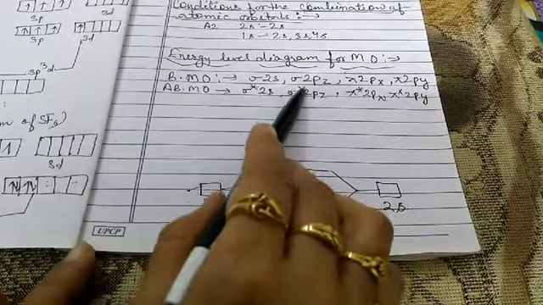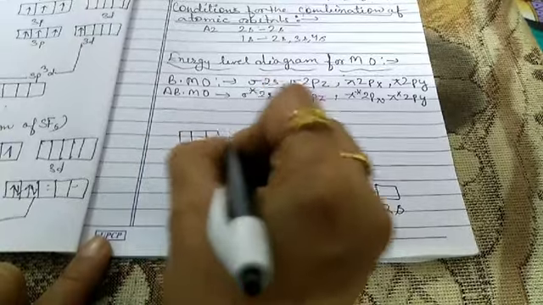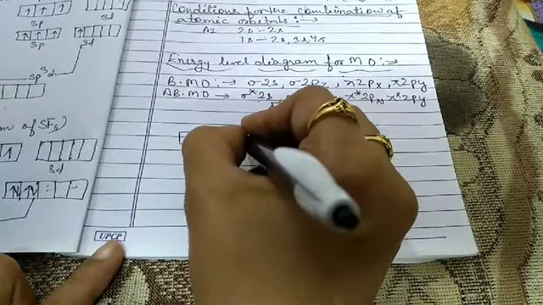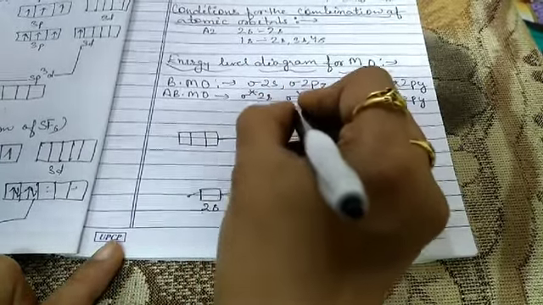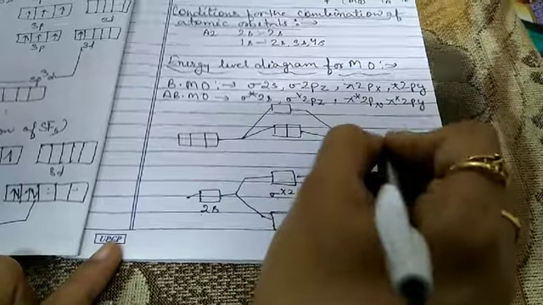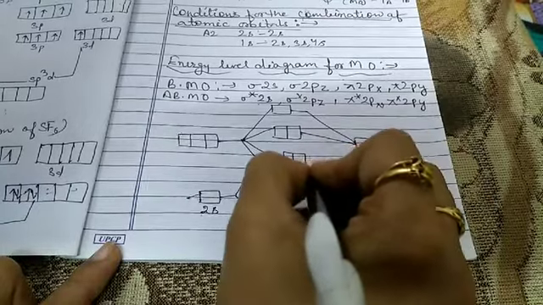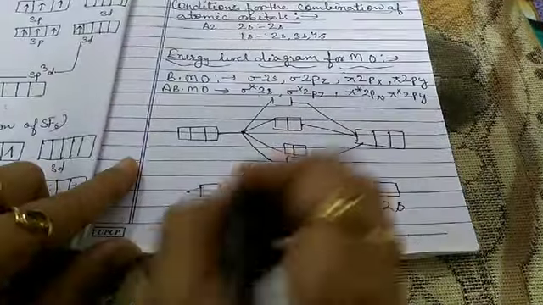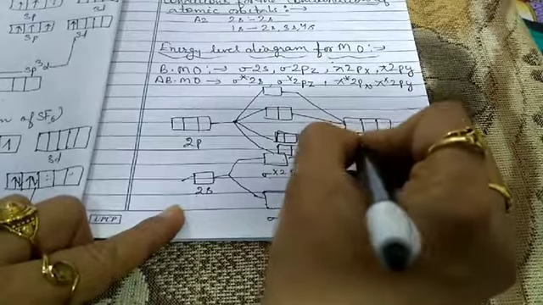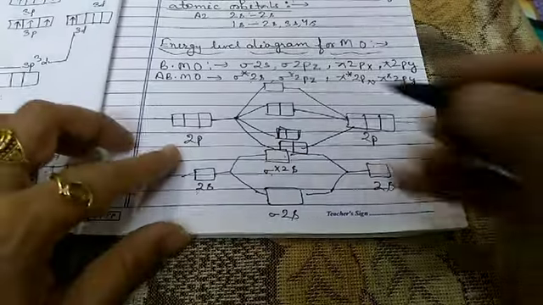Now if we want to draw the structure for the p orbital, here we have 2p and 2p. These s and p are the atomic orbitals and these are for the molecular orbitals.